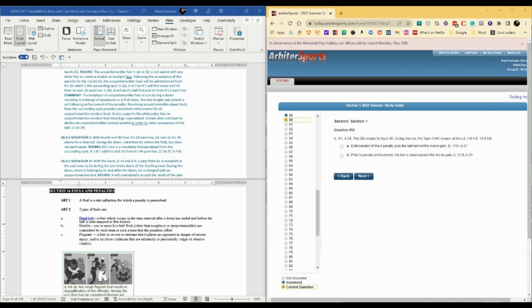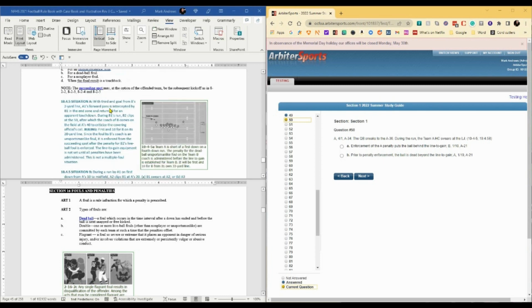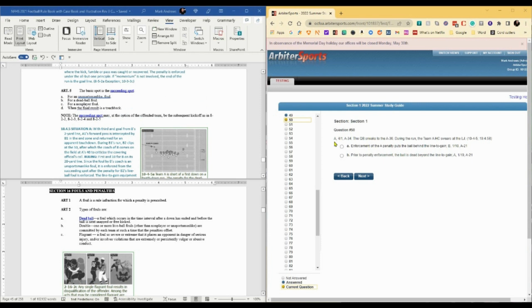During the run, the Team A head coach swears at that poor line judge, and using the same rules references, 10.4.5 and 10.4.5B, basically, again, the line to gain is made, so we have a 1st down, and then we're going to enforce the unsportsmanlike conduct on Team A. We're going to move them back to the 21, right? So prior to penalty enforcement, the ball is dead beyond the line to gain. A, 1st and 10 at the A21. Answer B.